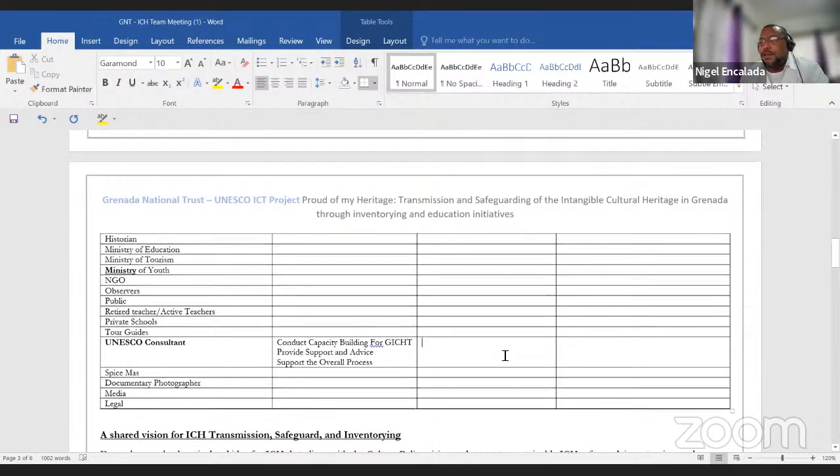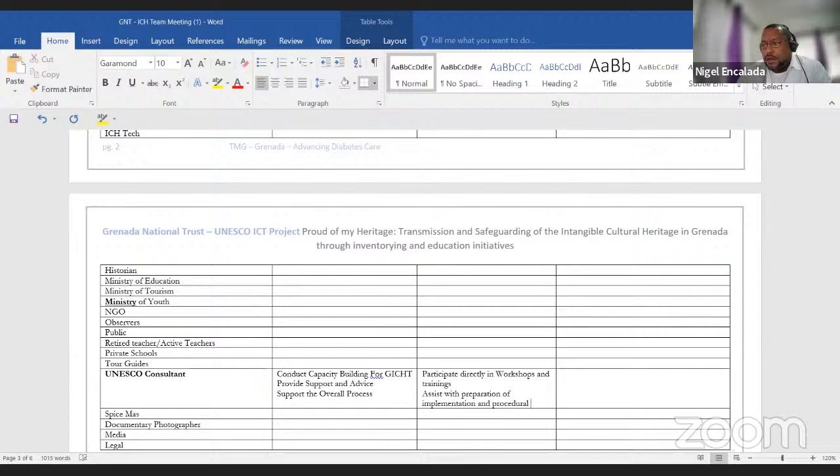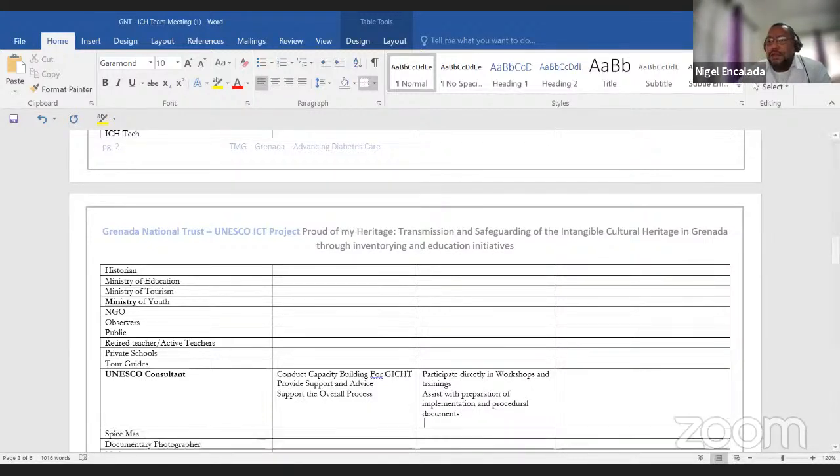In terms of the process: participate directly in workshops and training; assist with preparation of implementation and procedural documents, just as you're doing now, you've created this, so I will assist with that as we look at it; and third, support the overall process.